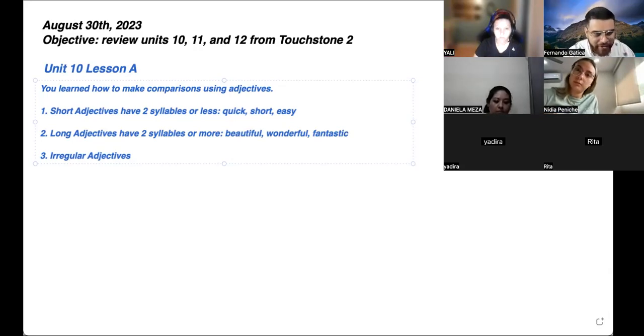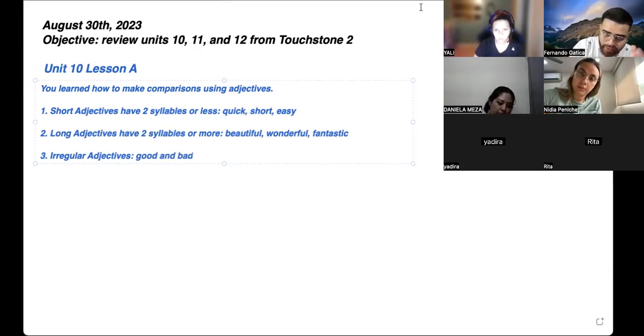Irregular adjectives have, well, there is no rule because they are irregular. Irregular adjectives, the ones that we saw, are good and bad. Better. And there are more, but for right now, good and bad are okay.